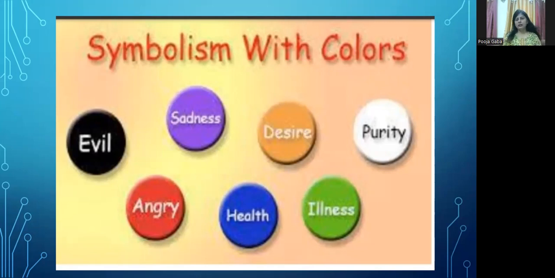Same way, green color in the case of health can symbolize illness also, and green color also symbolizes the green revolution also. So sometimes the same color can symbolize different things also. Now here also see white color, purity, white dove. White color is a symbol of purity or peace. So when a word or a non-human thing or an object is symbolic of something else, we say it is symbolism.